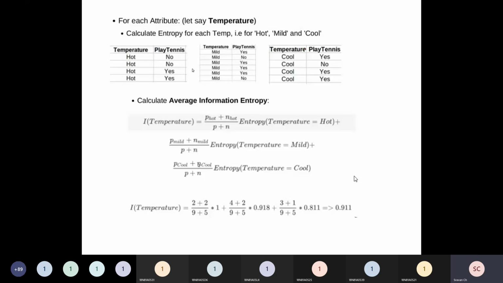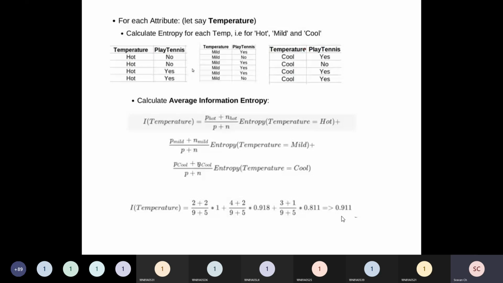Now that entropy calculation, I have not shown it here because for Outlook we have seen. Now straight away I am calculating I of temperature. What is this I? I means average. And what is the formula? Right? P of hot plus N of hot. So from first table, I need to pick how many positive examples are there, how many negative examples.